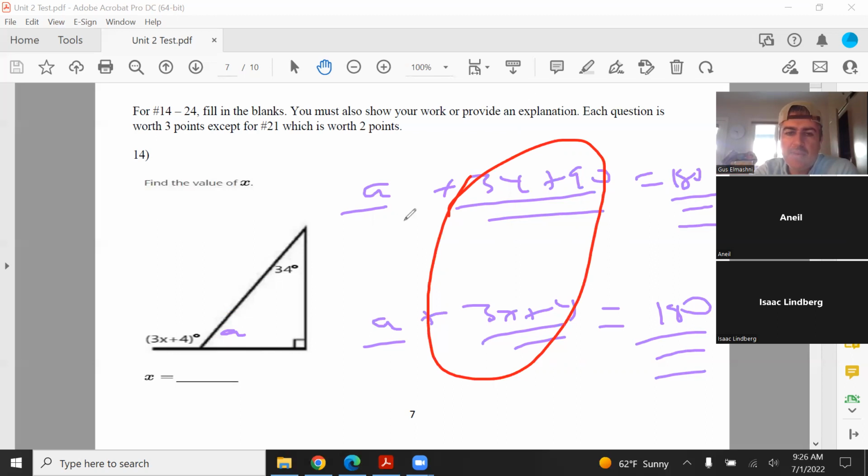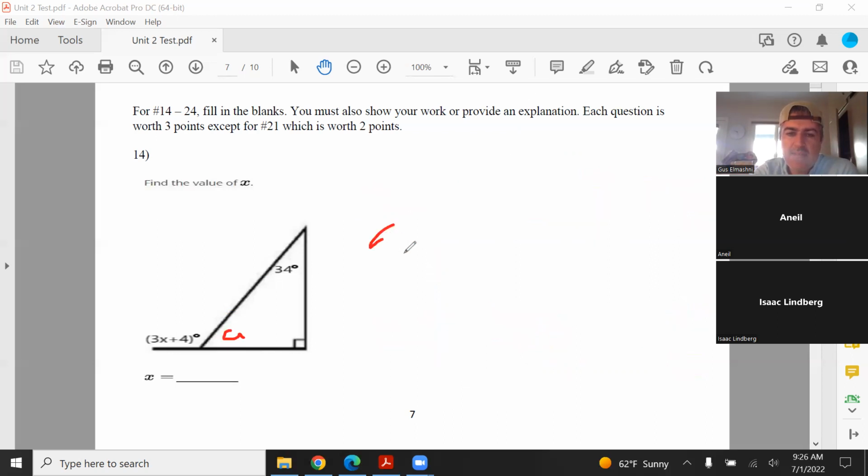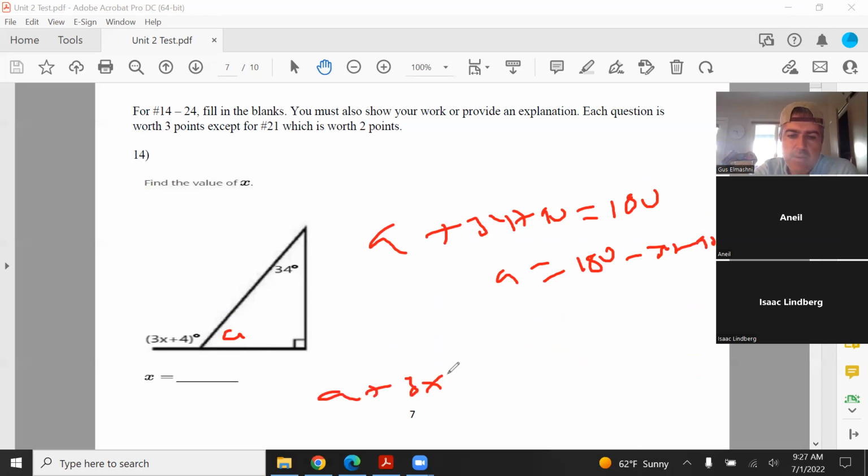Another way you could look at it too is that, again, this is A plus 34 plus 90 equals 180. So A is going to be 180 minus 34 minus 90. And also A plus 3x plus 4 equals 180.